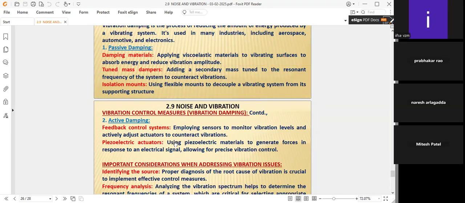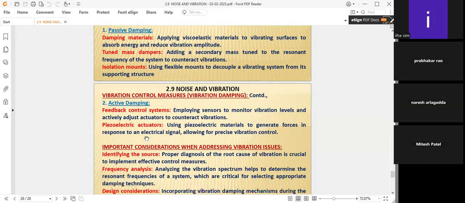Piezoelectric actuators use piezoelectric materials to generate forces in response to electric signals, allowing precise vibration control.